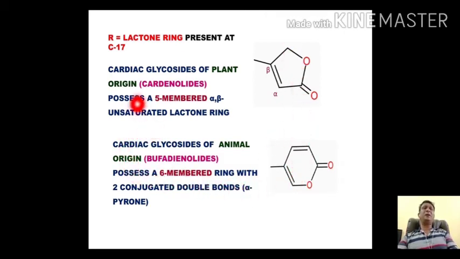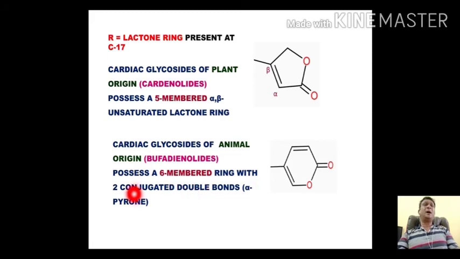For example, the cardiac glycosides which are obtained from plant origin have the 5-membered alpha beta unsaturated lactone ring, and these glycosides are called cardenolides. So dear students, the cardiac glycosides of plant origin are called cardenolides, and they have a 5-membered alpha beta unsaturated lactone ring at C17 position.